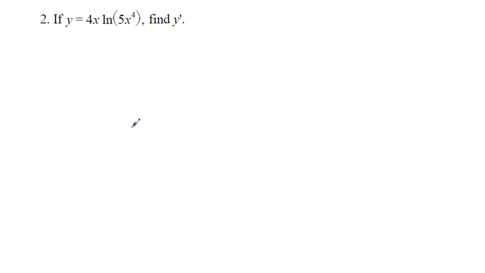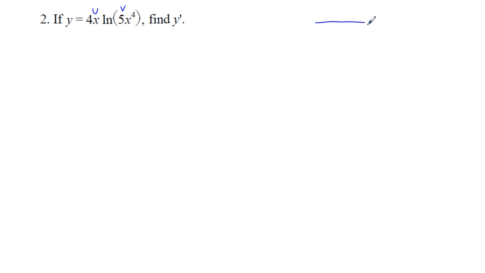Problem 2, if y equals 4x ln 5x to the 4th power, find y prime. Well, we have here the product of two functions, so using the product rule graphic organizing method, I'm going to label this 4x u and this ln of 5x to the 4th power v.